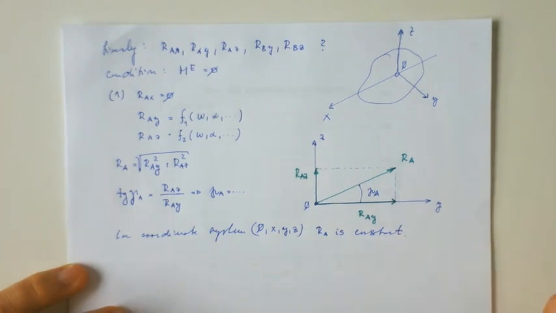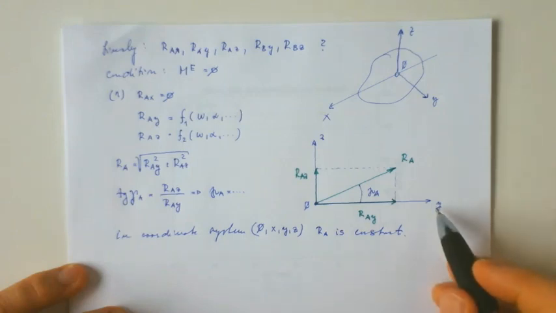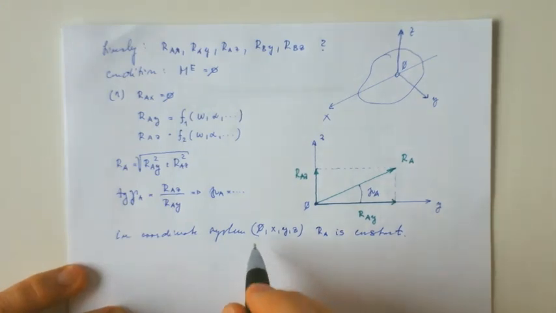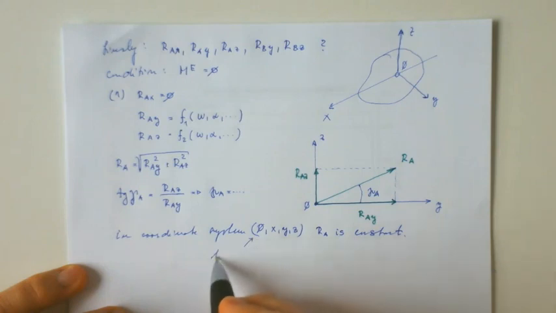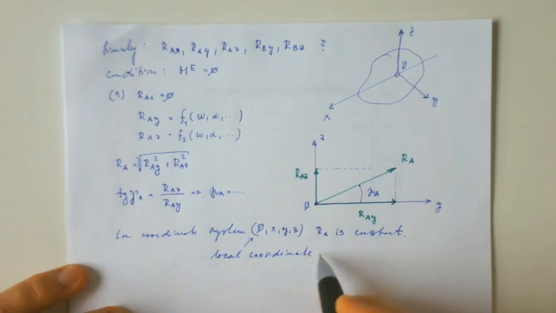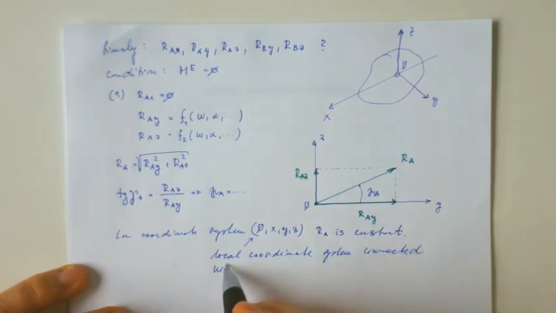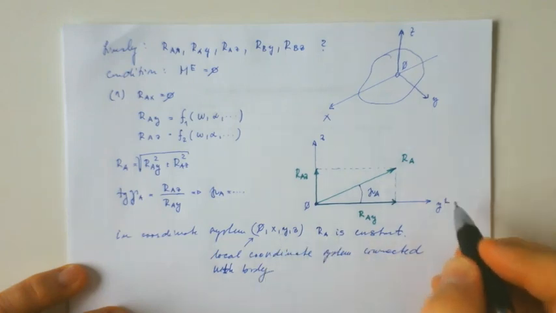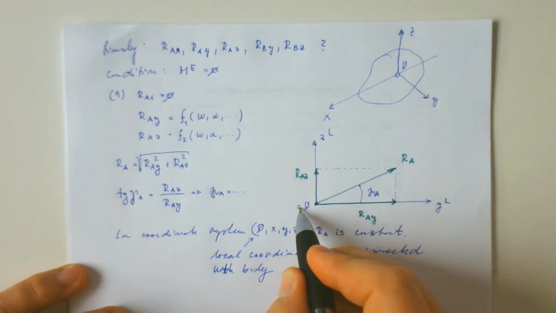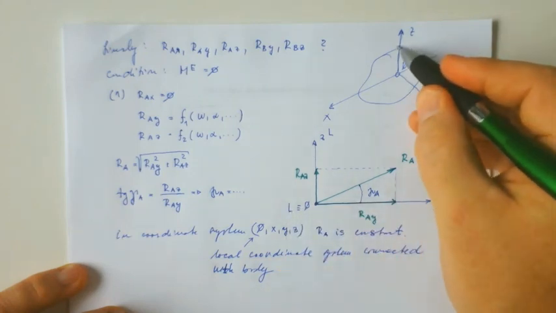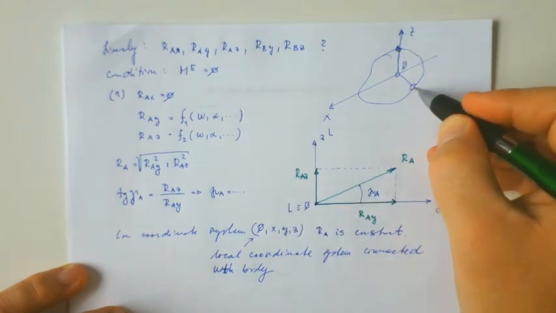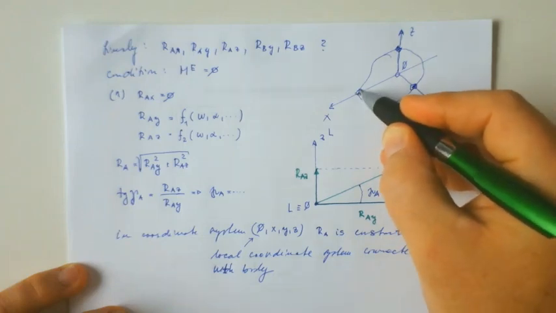But we must notice that this coordinate system is a local coordinate system connected with the body. So this local coordinate system is rotating with the body because it is a system connected with the body.